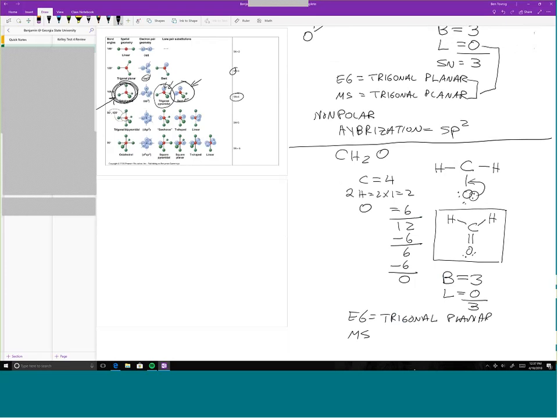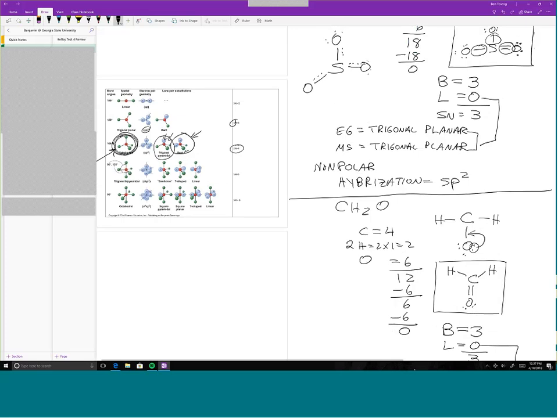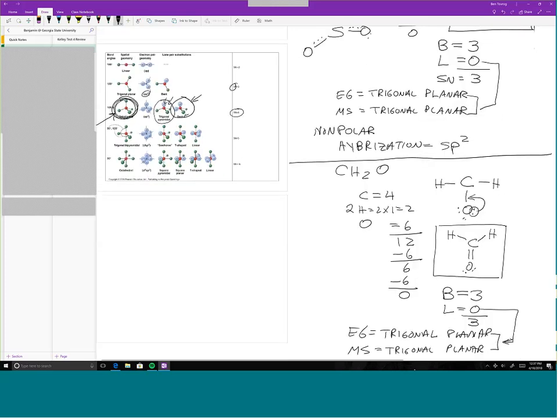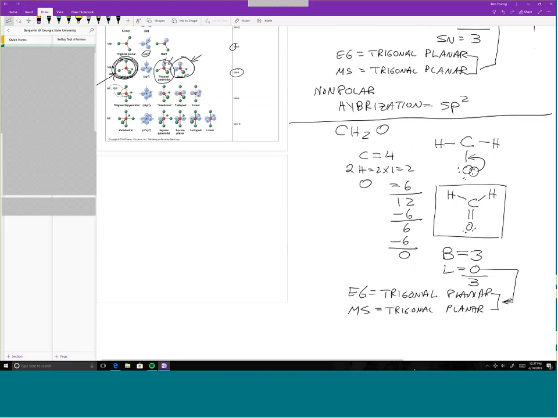Molecular shape, even though the atoms are different, again, the molecular shape is going to be the same. Anytime there are no lone pairs on the center atom, the electronic geometry and the molecular shape are the same. So even though formaldehyde looks a lot different than SO3, it has some very similar features in both the electronic geometry and the molecular shape.